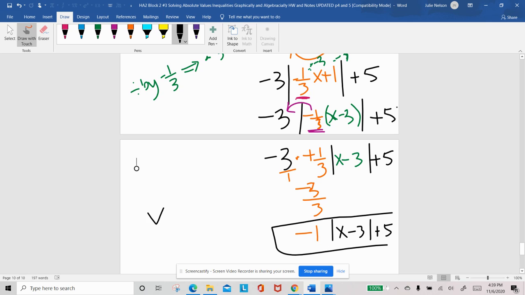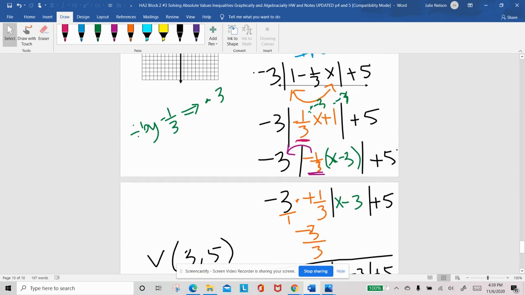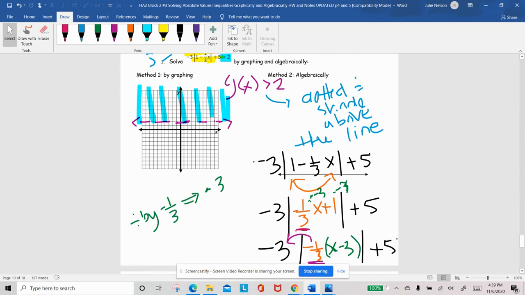So where's our vertex? It's always the opposite of the inside. Keep the outside, so it's 3, 5. And our A is negative 1 over 1, which means we're going to go down 1, right and left 1. So I'm going to go to 3, 5 first. So 1, 2, 3, 1, 2, 3, 4, 5.